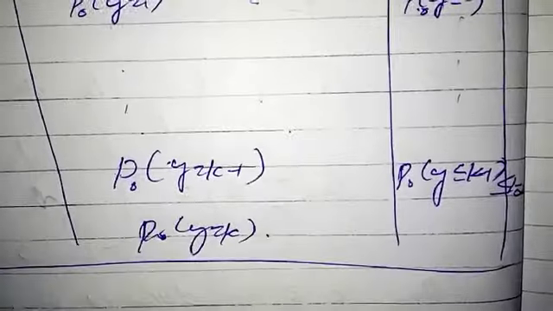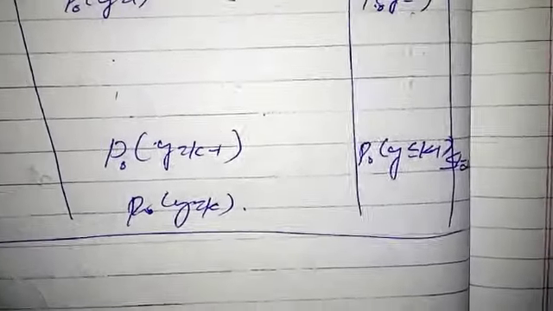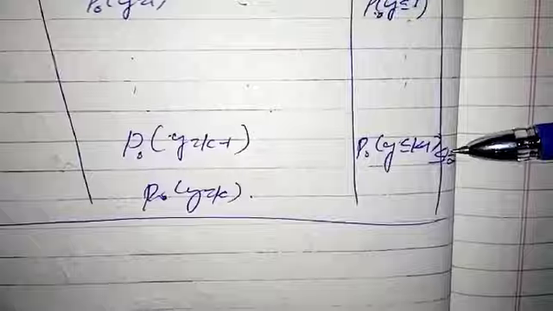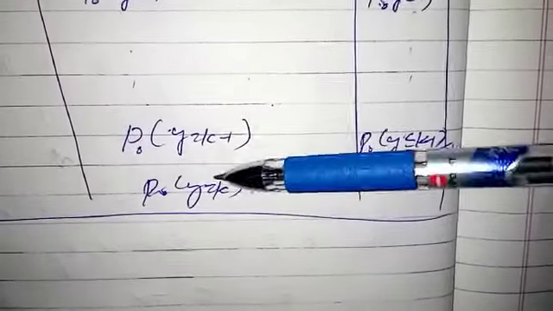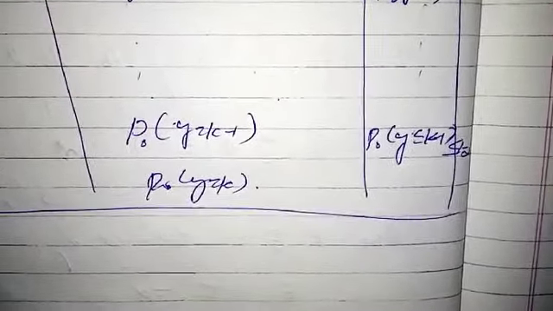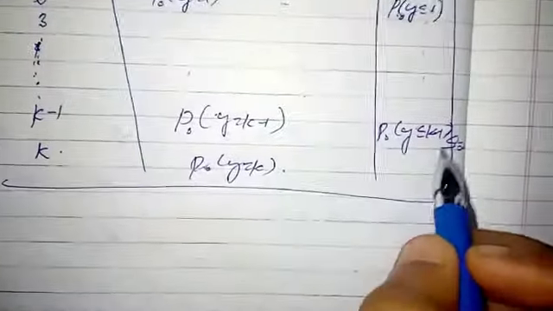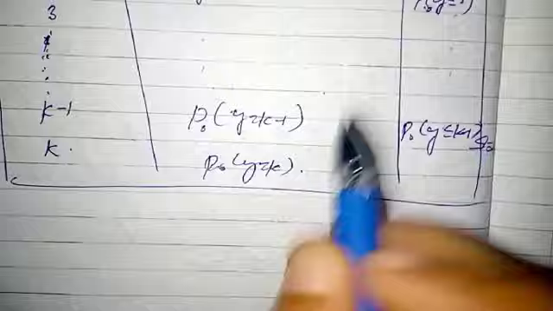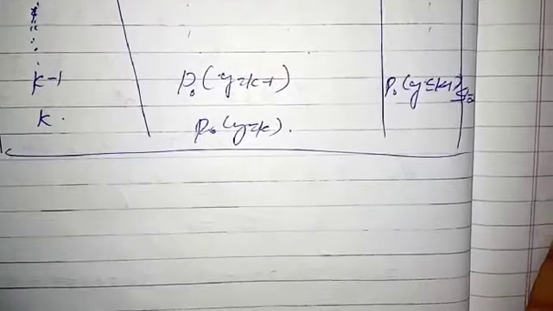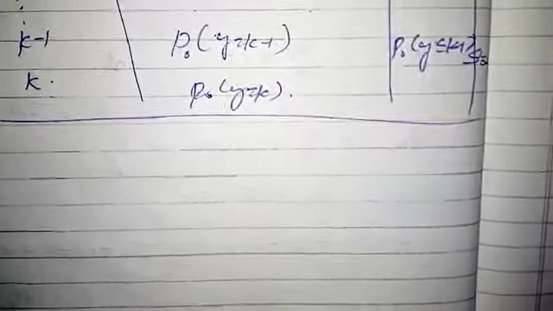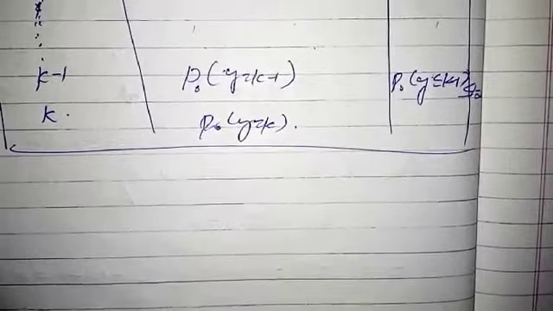Okay, from equation star we obtained the k value, right? The cumulative probability exceeds 1 minus alpha at the first time, then the corresponding value of Y is k.